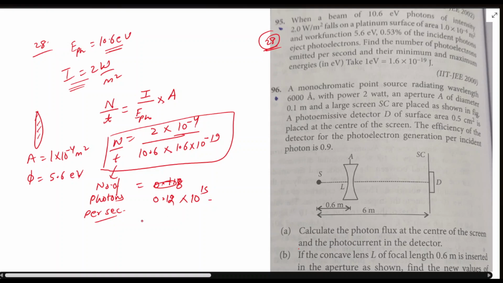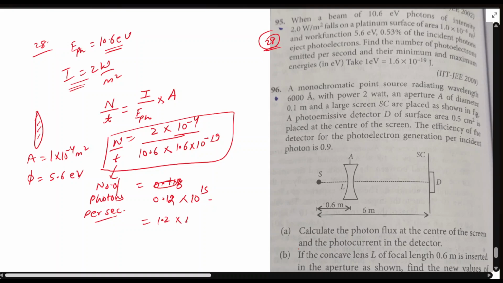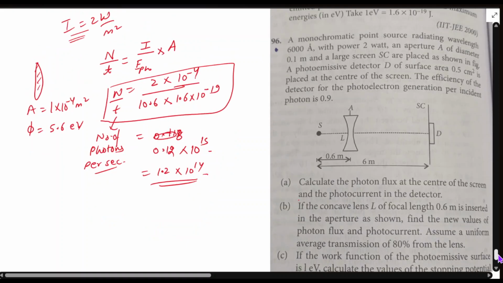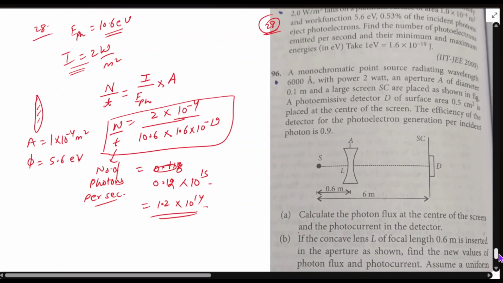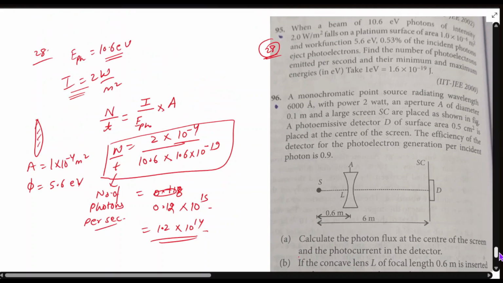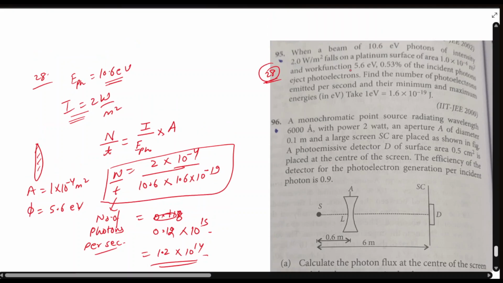So it will be 1.2 into 10 raised to power 15. Okay, so this is the number of photons which are incident, illuminating our surface, right?